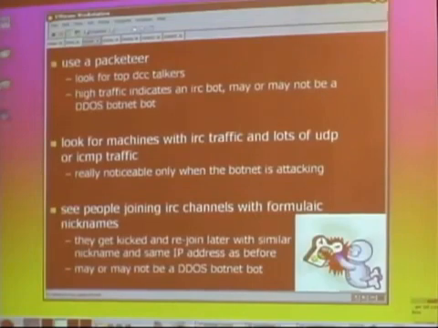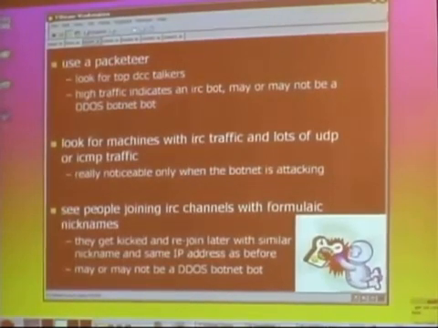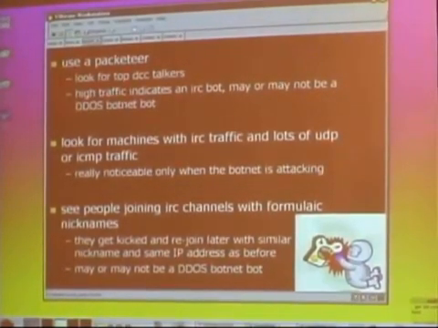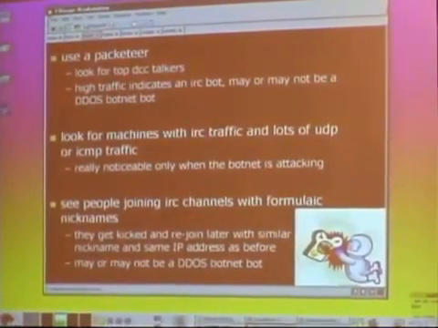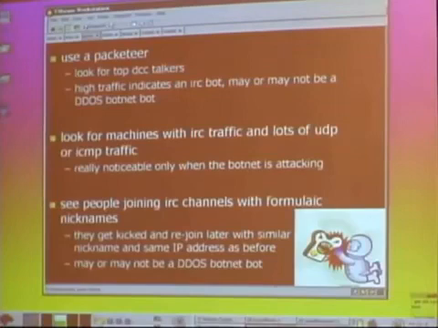Or you could just ignore IRC altogether and wait for your network to fall over, which is what we've adopted as our policy. So I say, take my network, please. So yeah, there are different ways, depending on how you want to manage your network. You can use those two different ways of finding IRC bots in general.